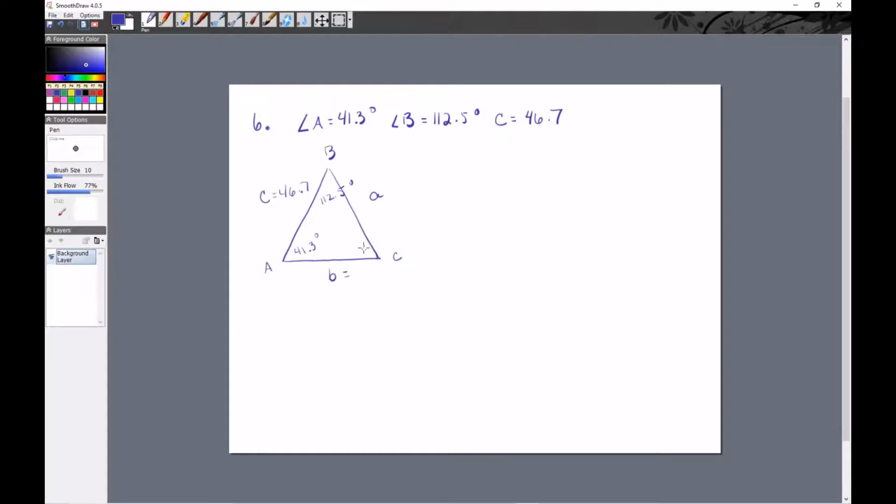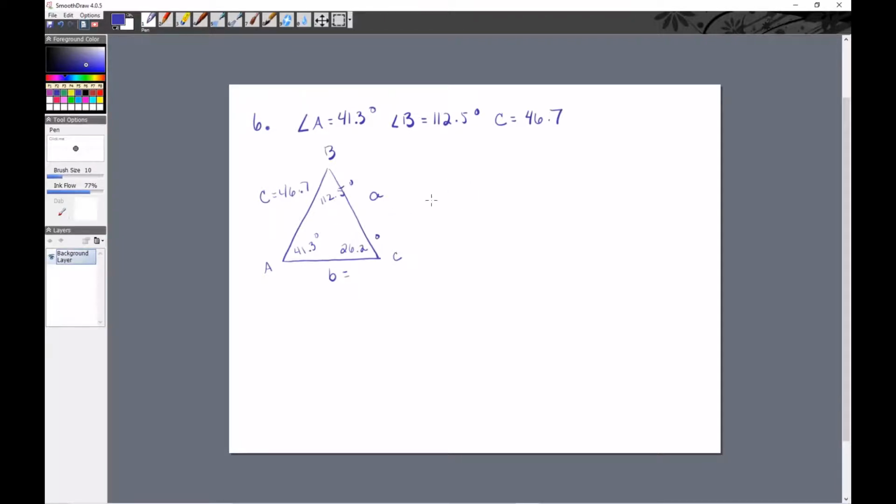In order to do that, I don't have matching angles with sides anywhere. So I'm just going to add these two together and subtract from 180 to get the measure of angle C, which should be 26.2 degrees. And so let's go ahead and do law of sines.